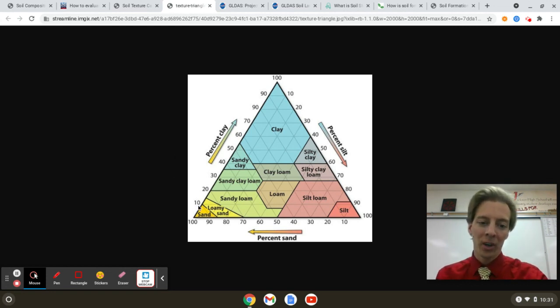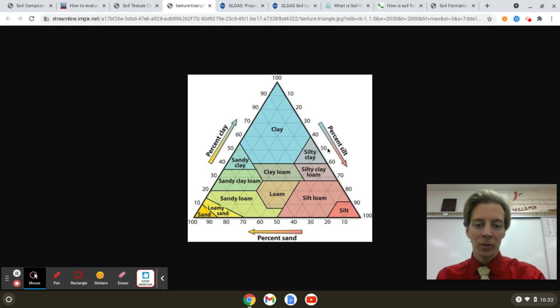So the percent clay goes up as you go this way. The more silt you go down this way, and the sand. So this is beach sand and nothing else. This is modeling clay or art clay, and this is silt. These are all mixtures. This is going to be 30, 30, 30 right here in the middle. 33, 33, 33, somewhere right there in the middle.